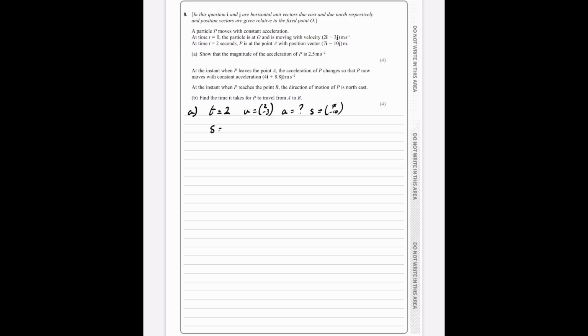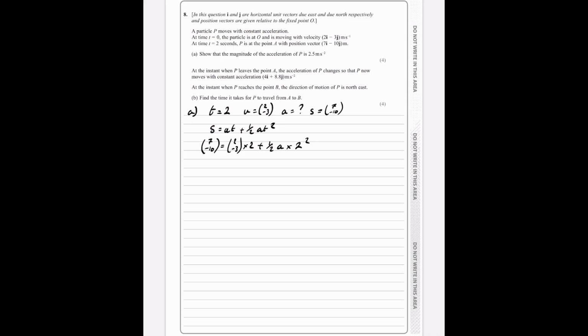So s equals ut plus a half at squared. S is (7, -10). U is (2, -3). T is 2. Plus a half, and then a, and then t is 2, so it's times 2 squared.